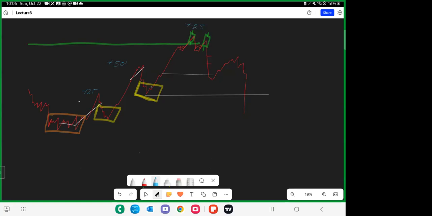Now what's going to happen is that area where they went short, where you saw a little bit of a splash, or some type of sponsorship from an institutional level. Maybe there was a displacement here or something of that sort, they have interest in shorting from that level.